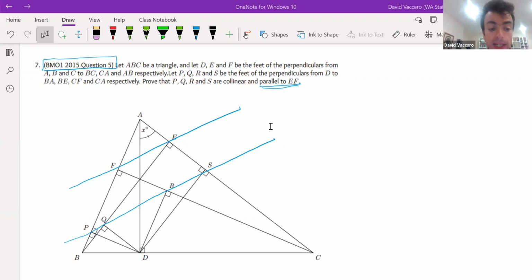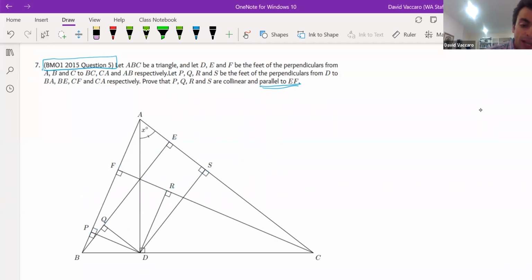What did we see earlier? We saw earlier that every time we've got a right-angled triangle, we also have a semicircle. So let's have a look at some right angles.